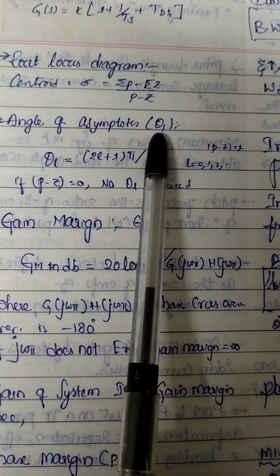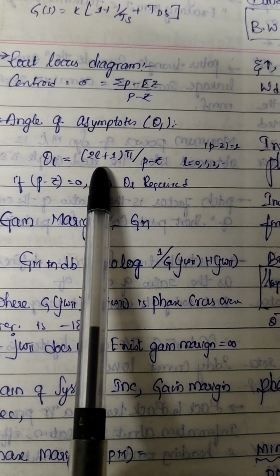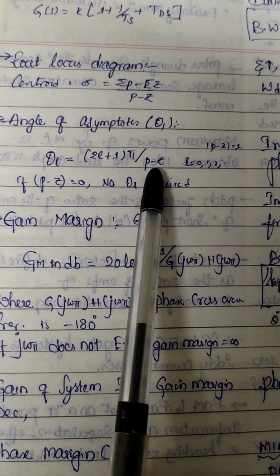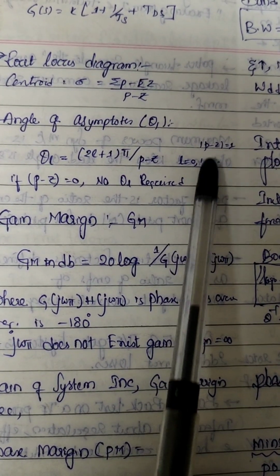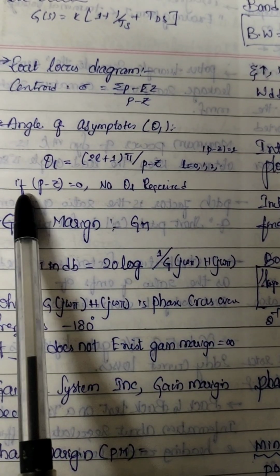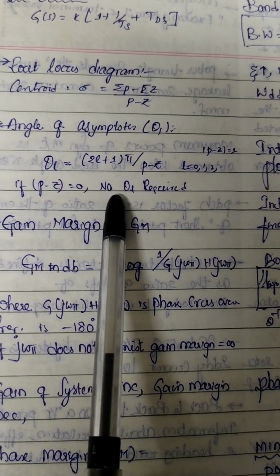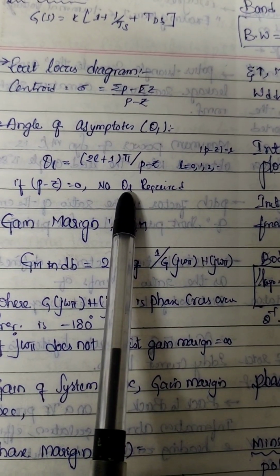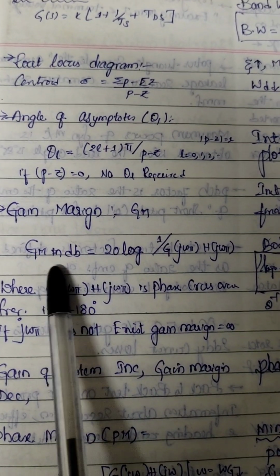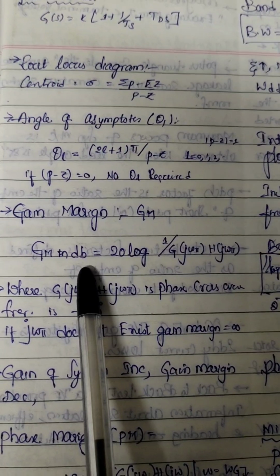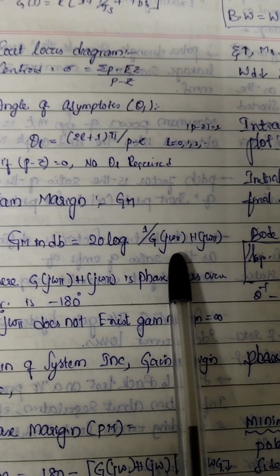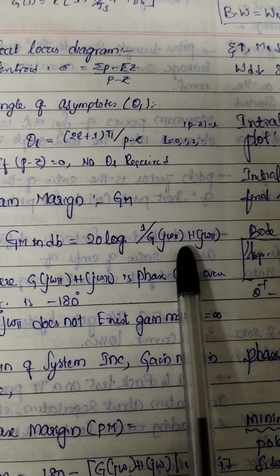The angle of asymptote theta is equal to (2L plus 1) pi by P minus Z, where L is equal to 0, 1, 2, 3. If P minus Z is equal to 0, no angle of asymptote is required.